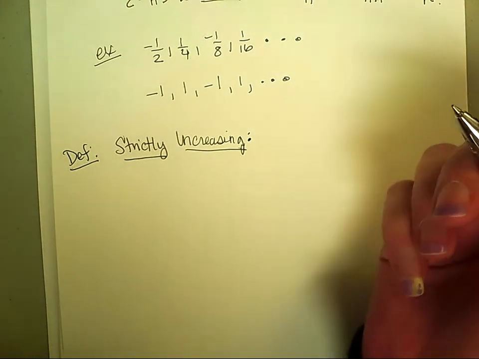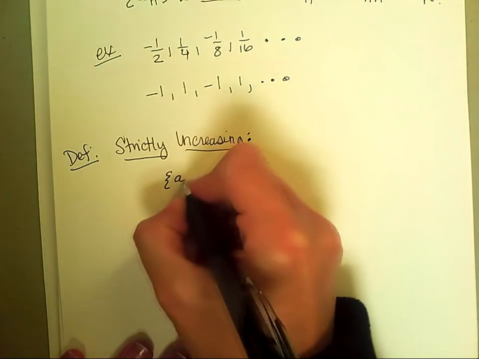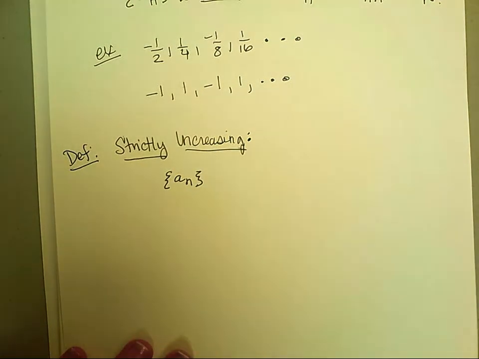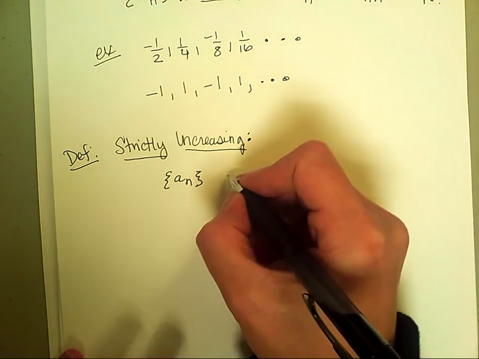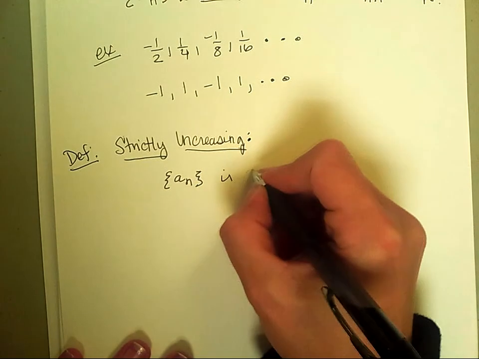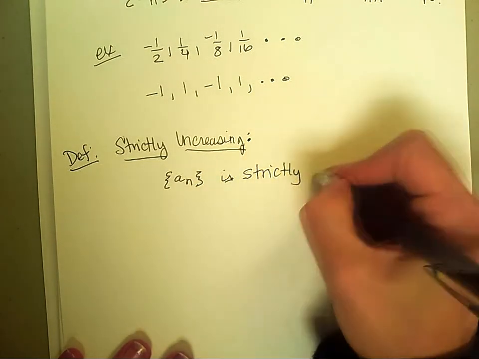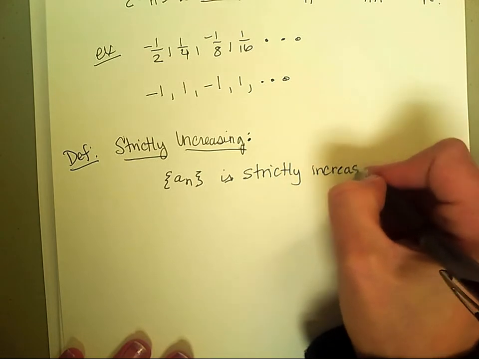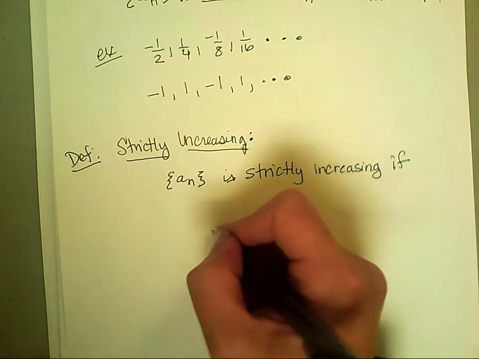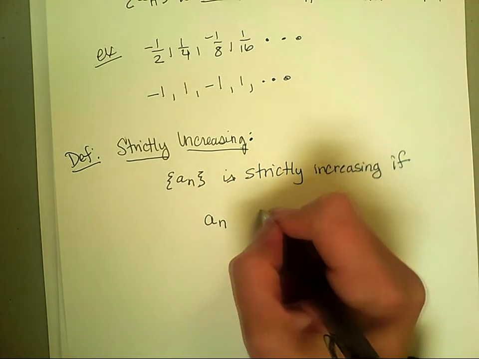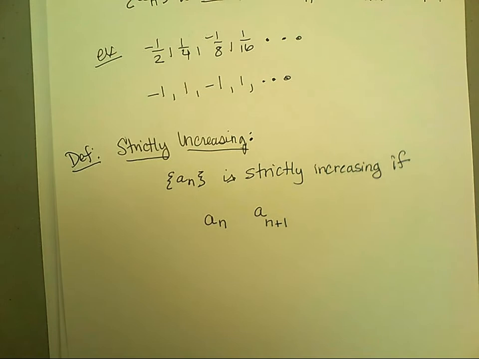So when a sequence is strictly increasing, the sequence a sub n will have certain characteristics. A sub n is strictly increasing if, okay, so here we'll take our nth term, and then we'll look at the term right after the nth term, so a sub n plus 1.